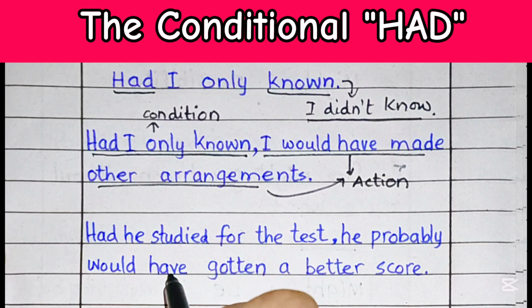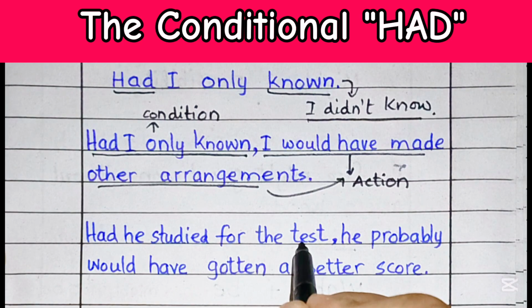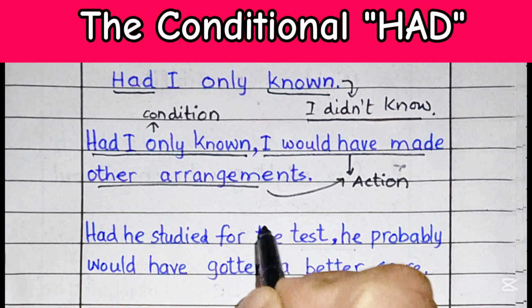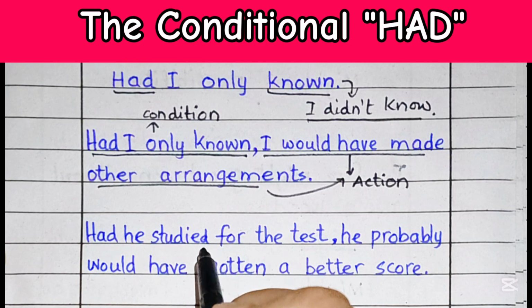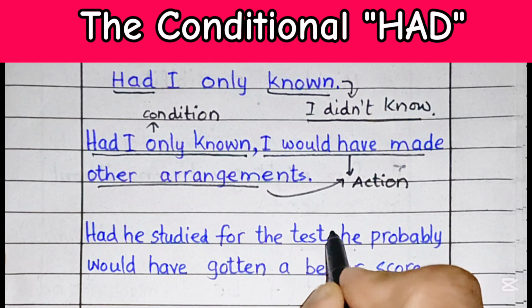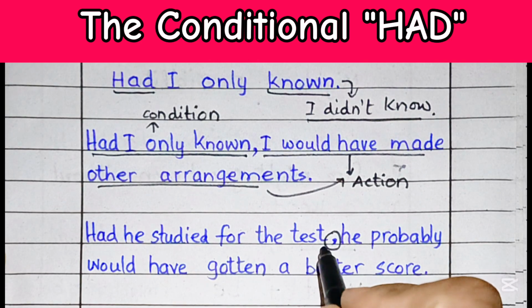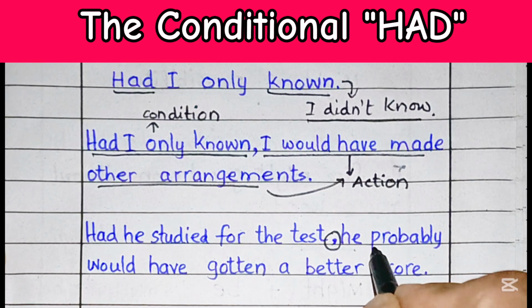So, at the end of this part of the sentence, "had he studied for the test," here is the comma. And then you can use the word probably.